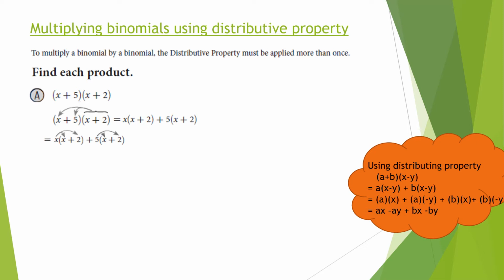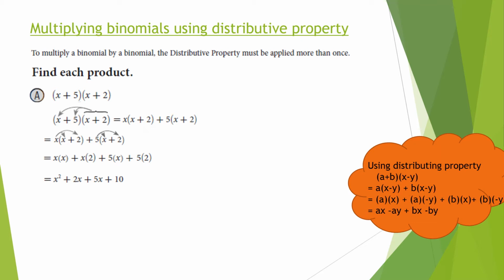So it's going to be x times x and x times 2, 5 times x and 5 times 2. So x times x is x squared, x times 2 will be 2x, 5 times x will be 5x, and 5 times 2 will be 10.